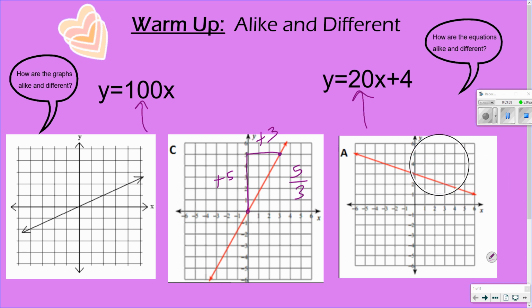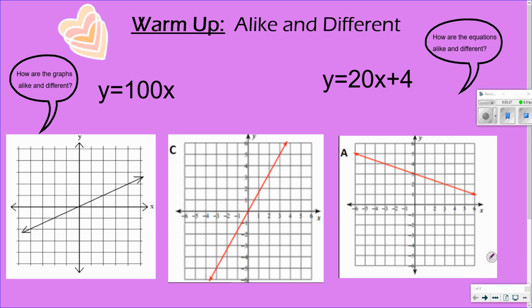There's one more thing that's the same and different. Look at the graphs and the equation. One more thing we need to point out. They're all linear. Each line passes through 2 quadrants.